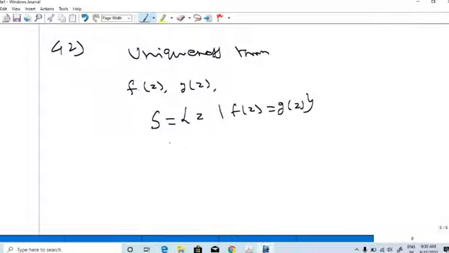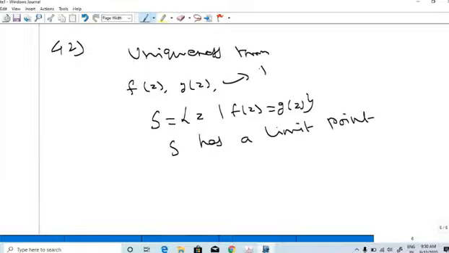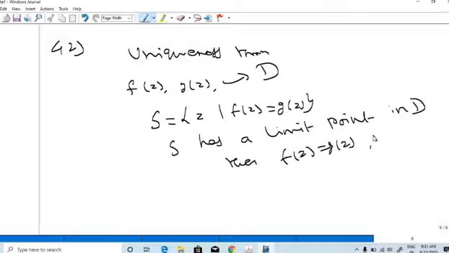Suppose this S has a limit point in the domain. Suppose f and g are defined on some domain D. Suppose S has a limit point in D. Then f of z equal to g of z for all z in D.